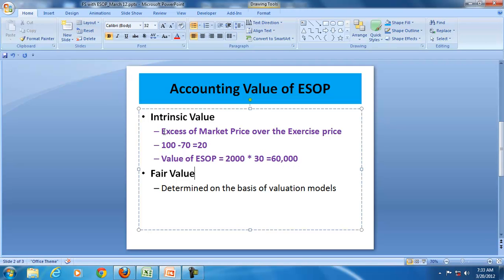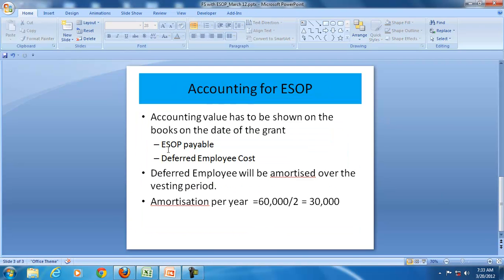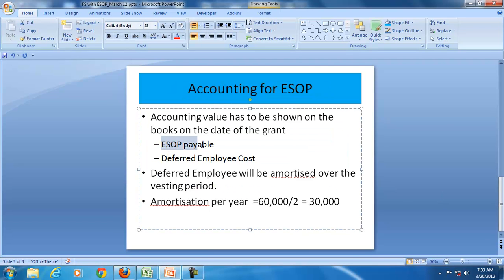And what do you do with that? On the date of issue of ESOPs, we create a source as ESOP payable on the sources side of the balance sheet, and deferred employee cost on the asset side, 60,000.